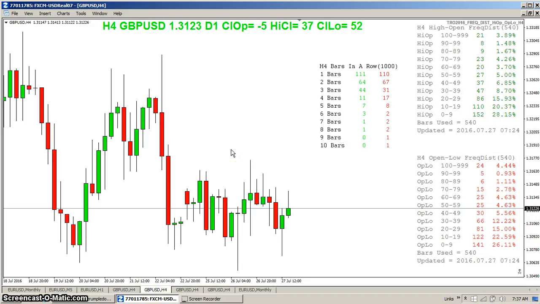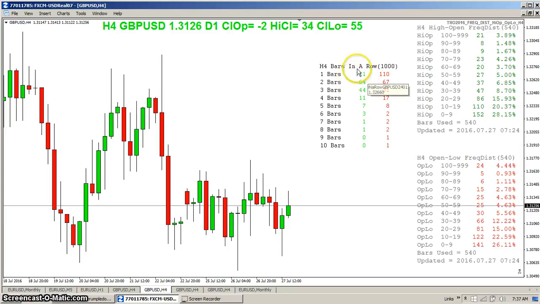So what we need is some frequency distributions. And so we look at bars in a row. You can see there are a lot of flip-flops over the last 1,000, but you can also see there's a lot in a row. So you're thinking, maybe we should trade the flip-flops, or maybe we should trade in a row.